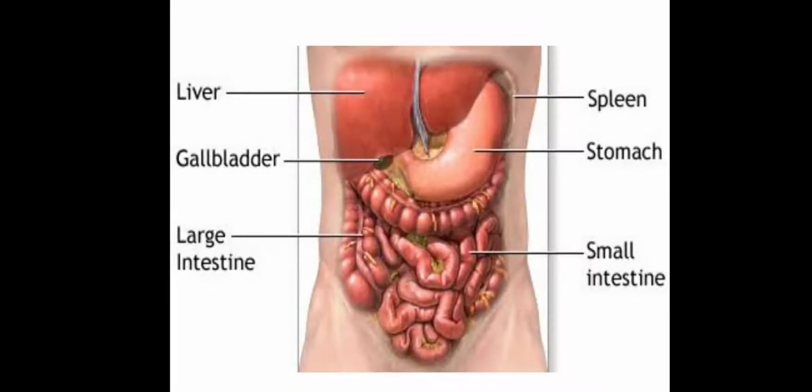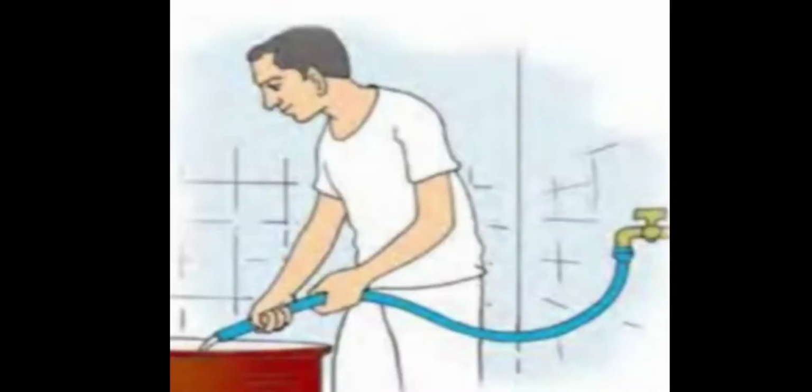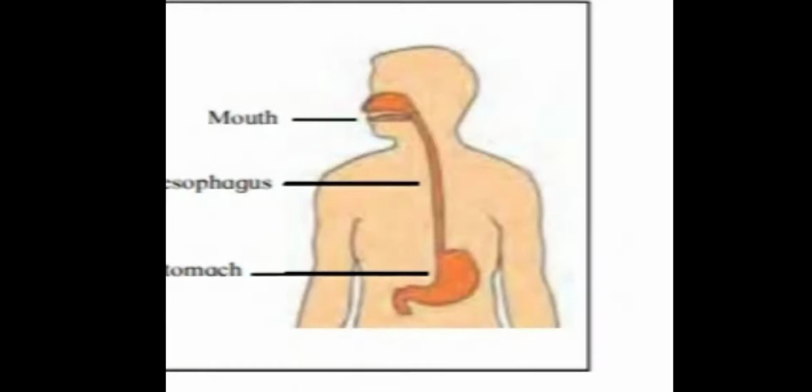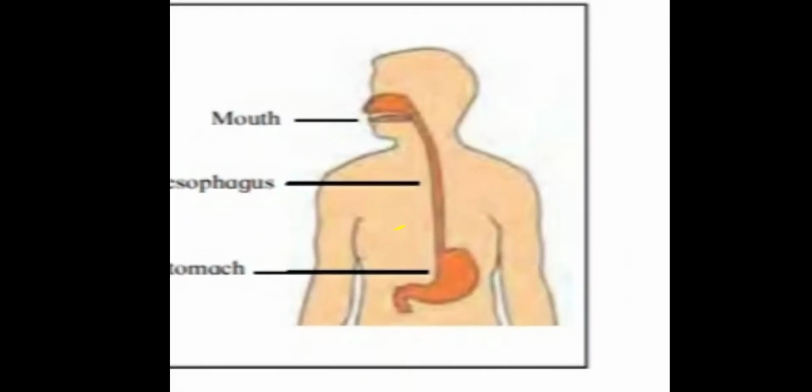The organs which help digest our food are in the abdomen. Only the esophagus is in the thoracic cavity. Why? This esophagus is in the thoracic cavity.